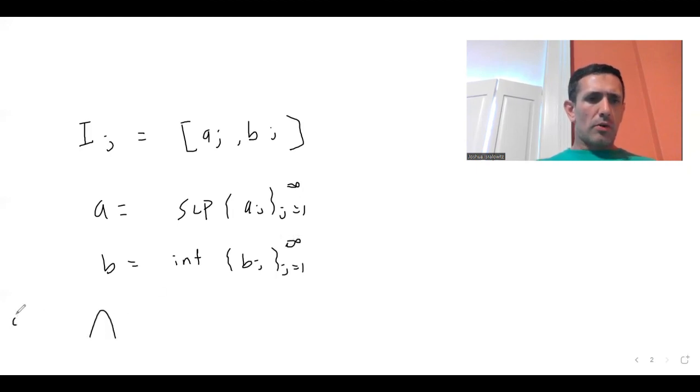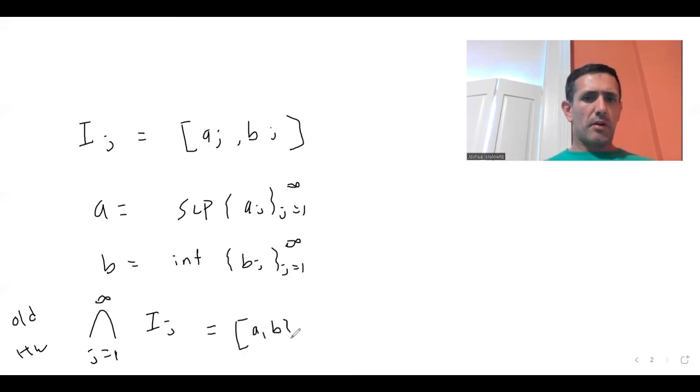Then the old homework was that this intersection here is [a, b]. Okay, that's old homework.